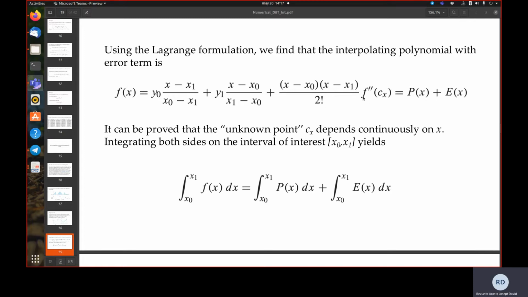But assuming that we do not have the second derivative in these cases, or we might not have it, we can split this interpolating polynomial into different sections. So we have the polynomial expression P(x), and this term is the error term.